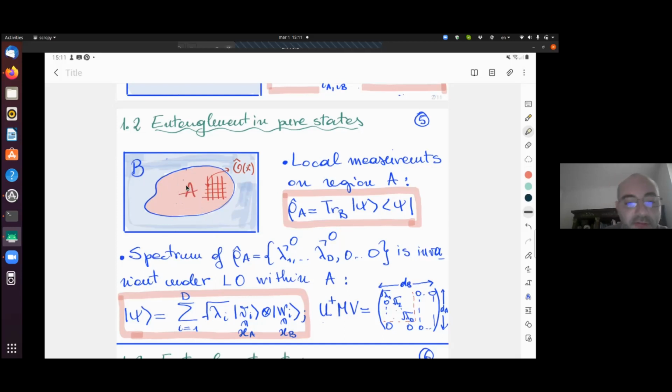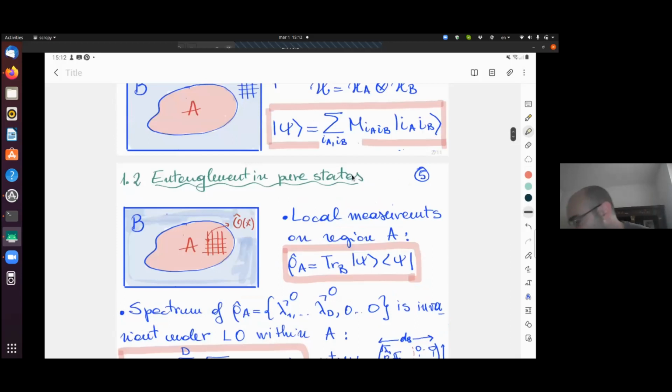If we perform measurements, we observe correlations inside region A. The information needed to reconstruct such correlations and observables, which is contained in the state psi, I mean in this rectangular matrix M, is redundant.